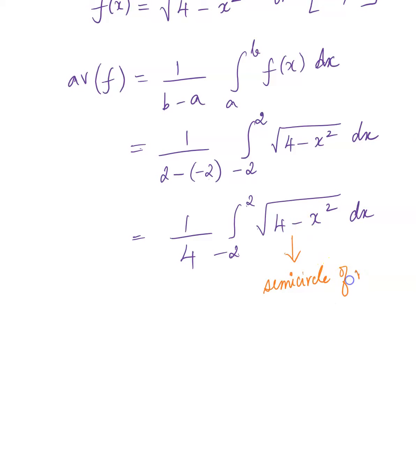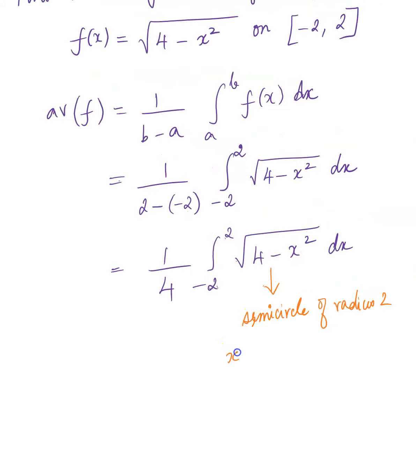How do we know that? Well, we know the equation of a circle is x squared plus y squared equals r squared, a circle with center 0, 0. R squared would be here 2 squared, which is 4. So y squared will be 4 minus x squared, and y is plus or minus square root of 4 minus x squared.